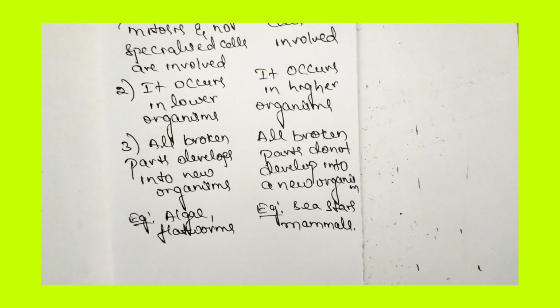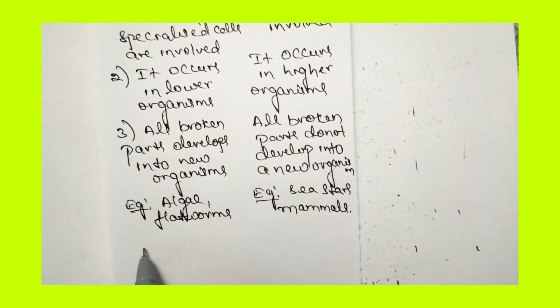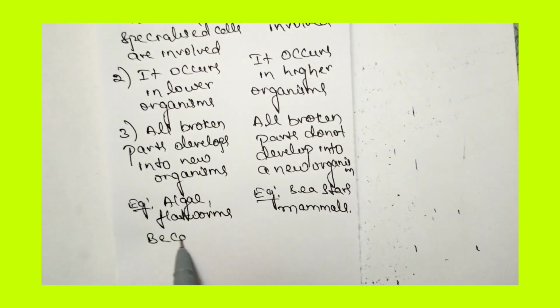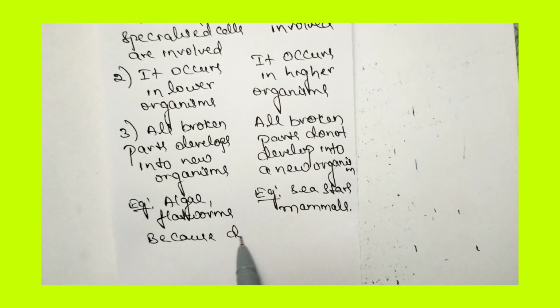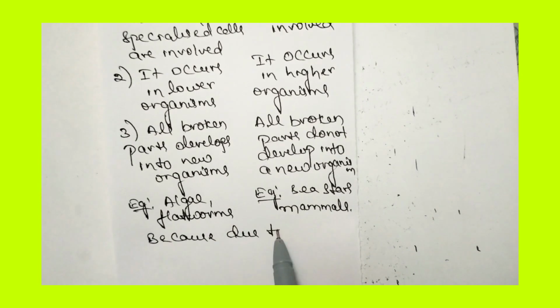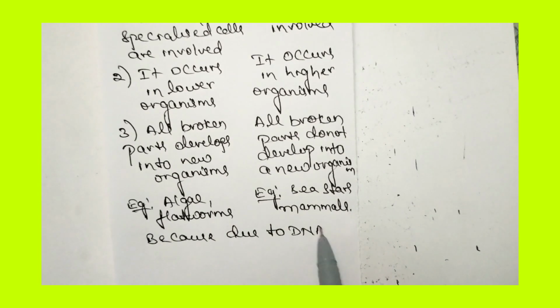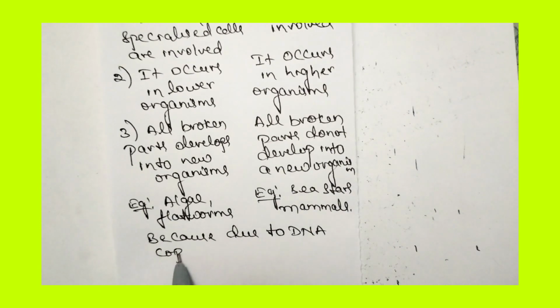Now in this, only one more question is there. Let us see that question: what is the reason for increased accumulation of variations in sexual reproduction? To write the reason: because of variation in DNA copying.